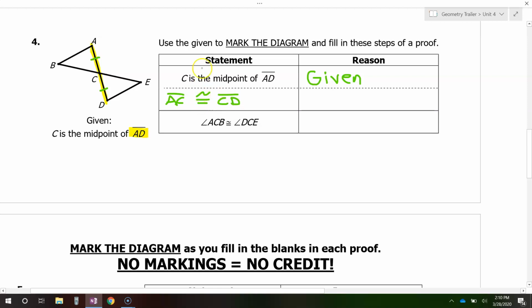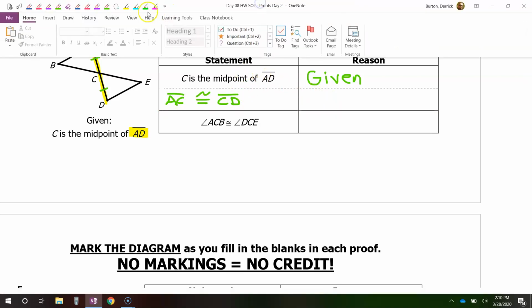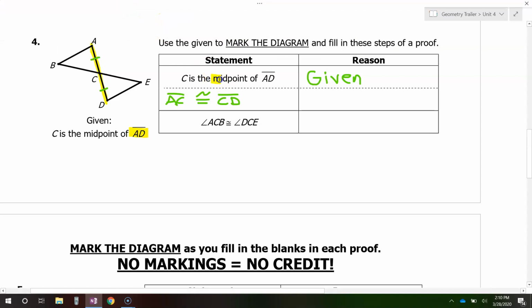All right, so these two sort of go together. As soon as you have a midpoint, that will give you two congruent sides. And the reason, again, look at the previous statement. C is the midpoint. So that's why the reason is going to be definition of midpoint, not bisector.